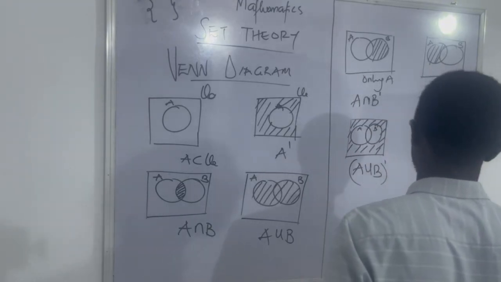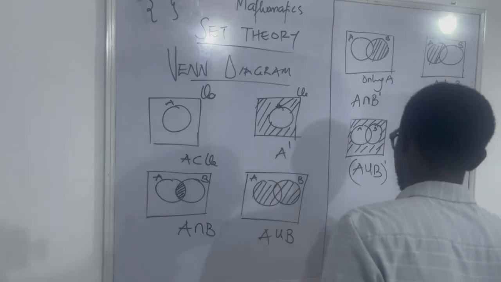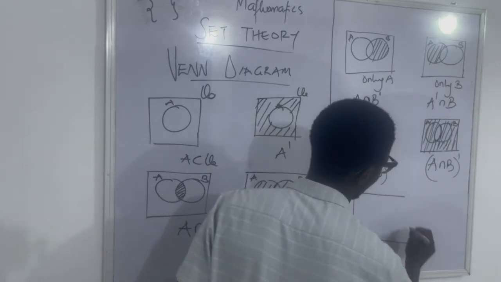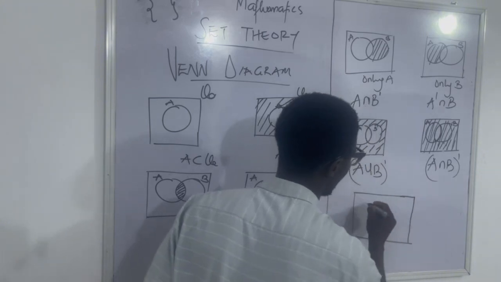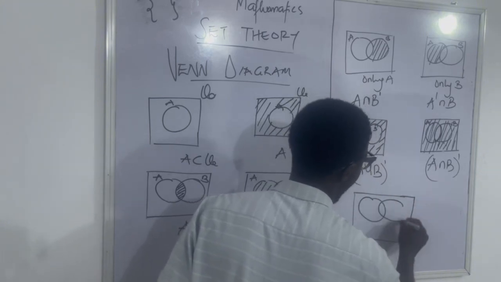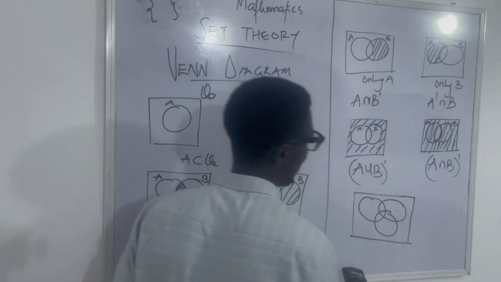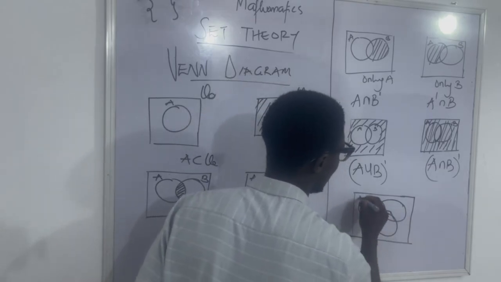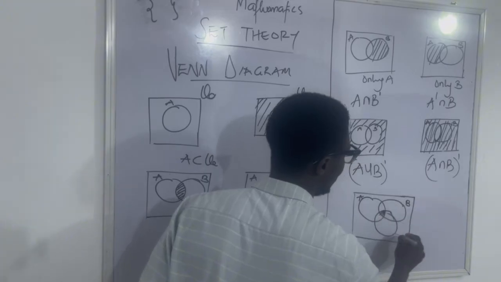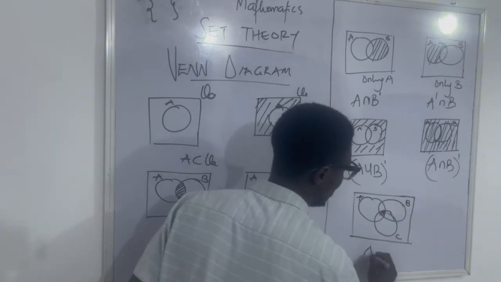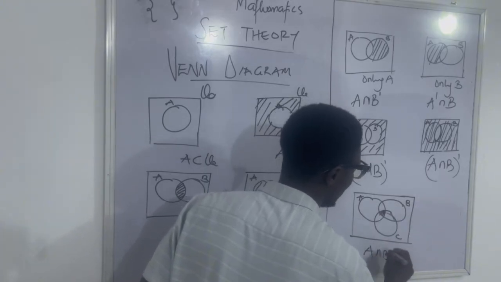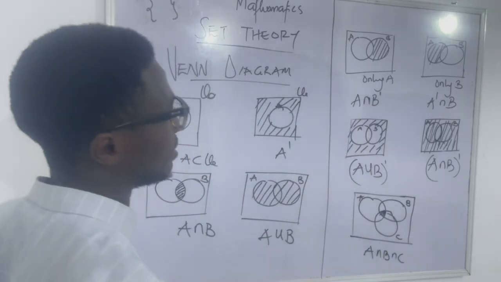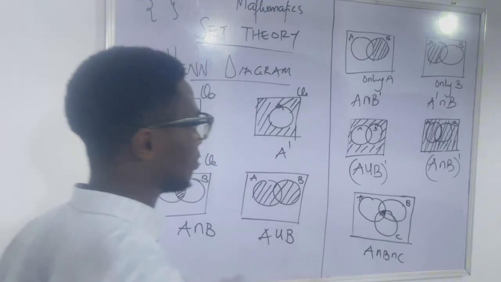So that they are three. Are we together? So if this place is shaded, this A, this B, this C, meaning A intersection B intersection C is the shaded part. Are we together?